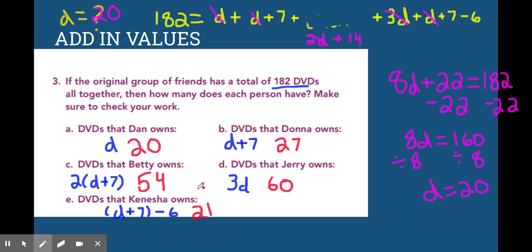Now there's one last way we can check this, just to make sure, because it is a lot of work. We can check it by adding everything together.